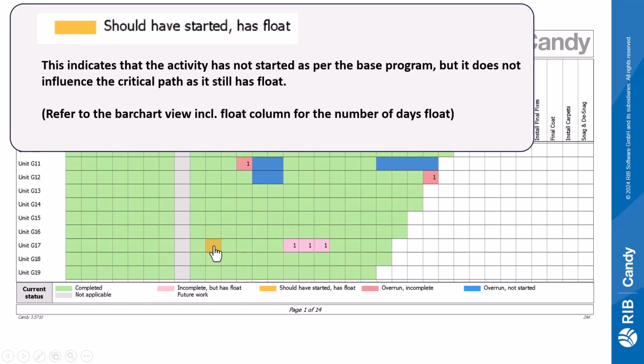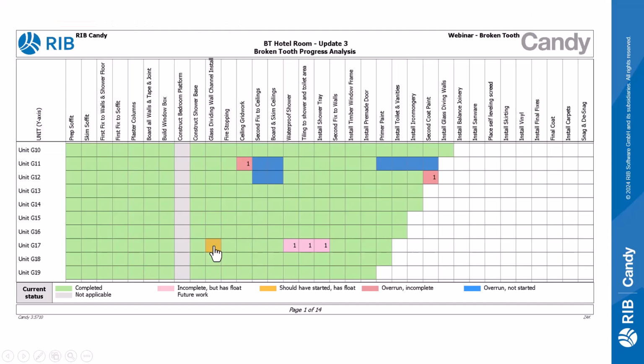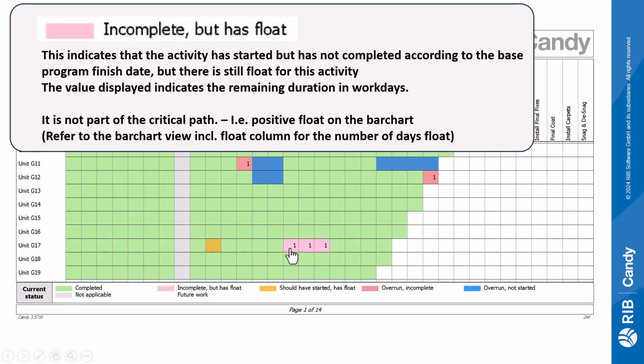This indicates that the activity has not started as per the base program, but it does not influence the critical path as the activity still has float. This indicates that the activity is incomplete, so it has started, but it's not completed according to the base program finish date, but the activity still has float.